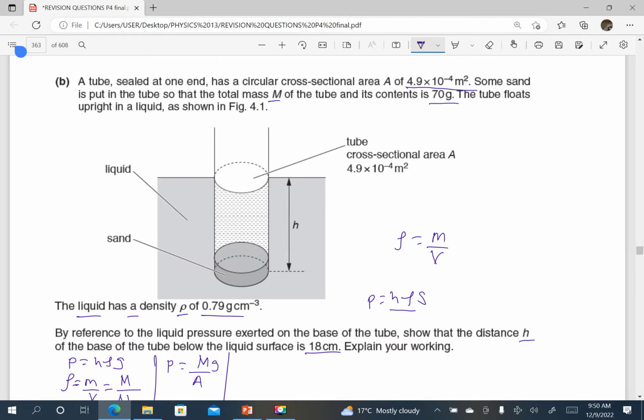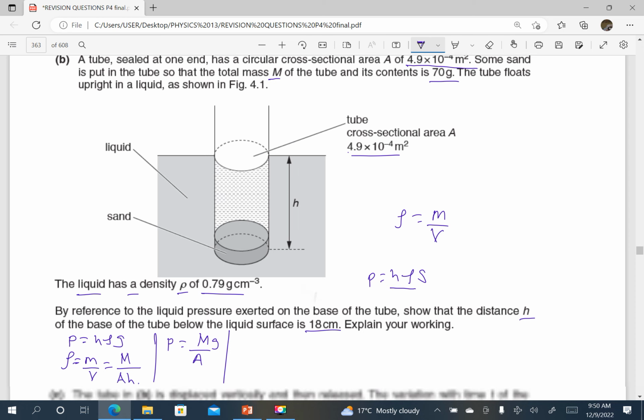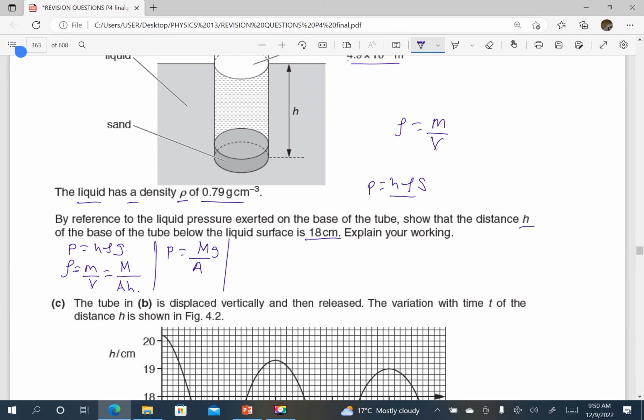The cross-sectional area is 4.9. The density is 0.79. So I can just say H times density times G is equal to mg over cross-sectional area A. So I have that H times density times G is the same as mg over the cross-sectional area.